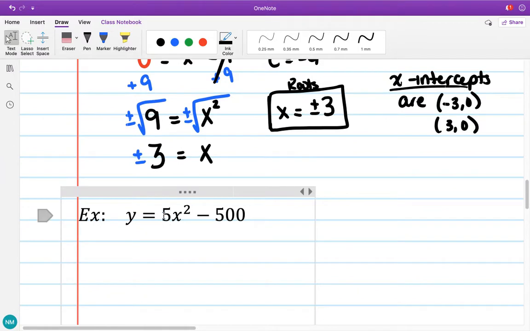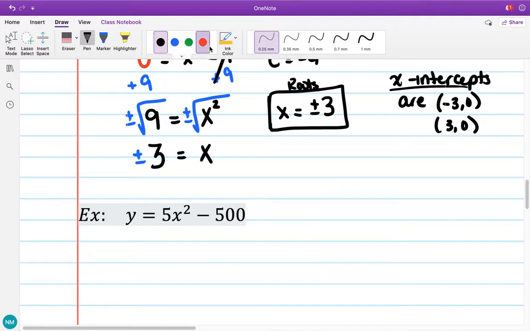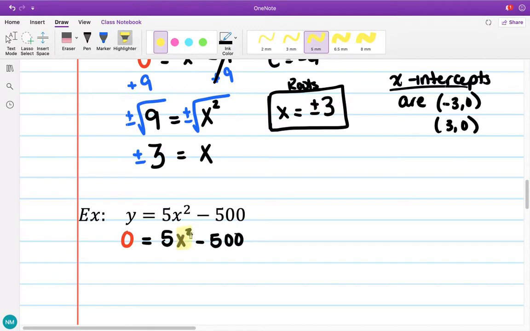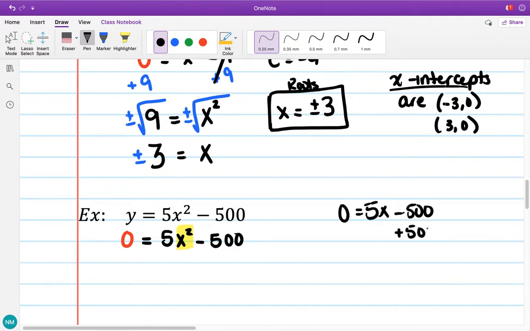So just like here, I have an a value of 5 and a b value of -500. So let's try it out. First thing you want to do is set your y equal to 0. So 5x squared minus 500, and then I want to isolate my square. Just like if I had 0 equals 5x minus 500, first thing I'm going to do is add this 500 over.